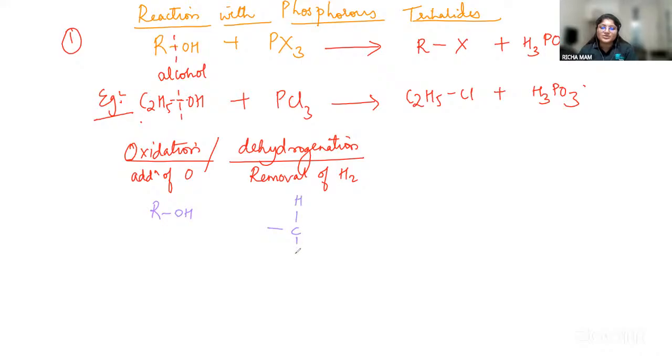Suppose this is your alcohol, so this is the alcohol representation. What is happening here is that this is broken and this is also broken, and you are going to get a ketone group.